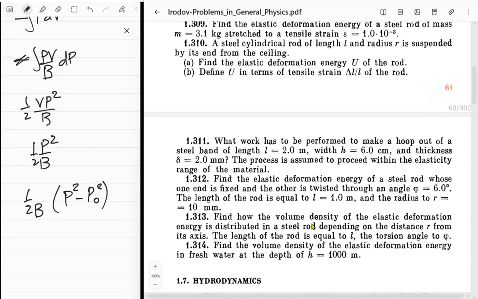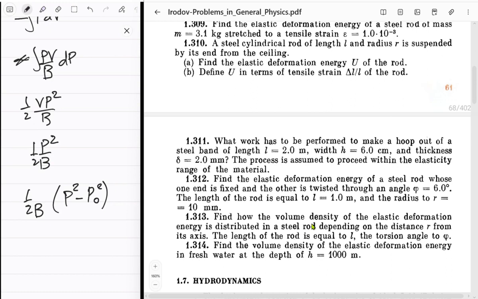This is very weird. When we say energy density, what are we taking as our zero value? Where is the reference line? To what do I compare? What's my zero? I would say zero is when you have vacuum, right? I think so. But if you want the zero value to be at P naught, then fine, the energy density in that case is P squared minus P naught squared upon 2B.